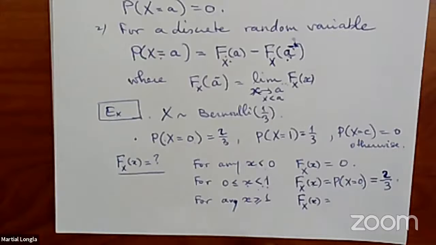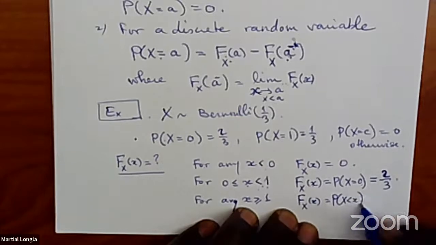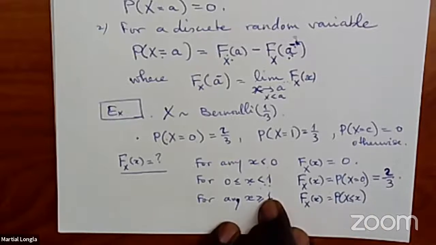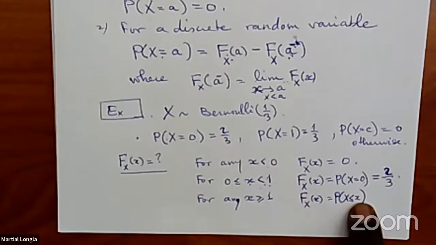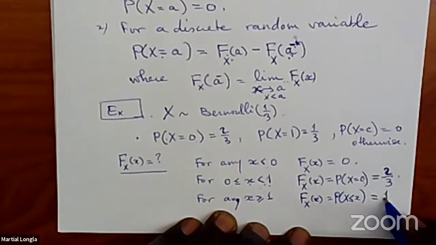How many values of X will satisfy the probability that X is less than or equal to little x, if little x is larger than 1? The probability is 1, because if little x is already larger than 1, that means it's greater than all the 2 values of the random variable. So it's the probability of the whole space, right? And that's why it's equal to 1.